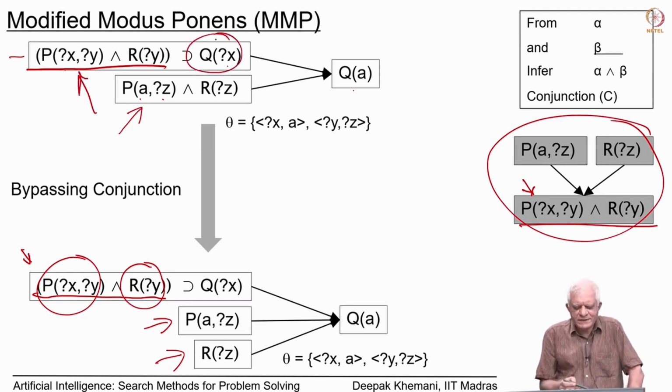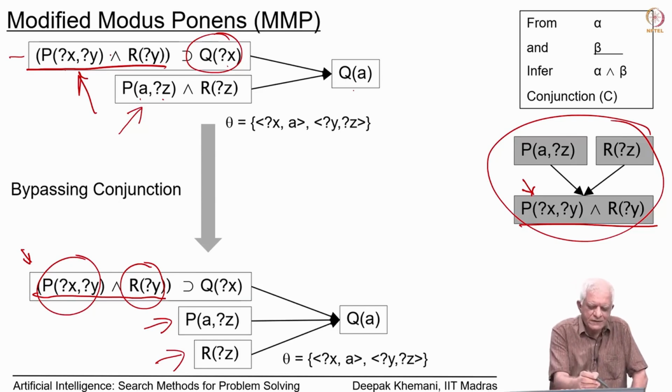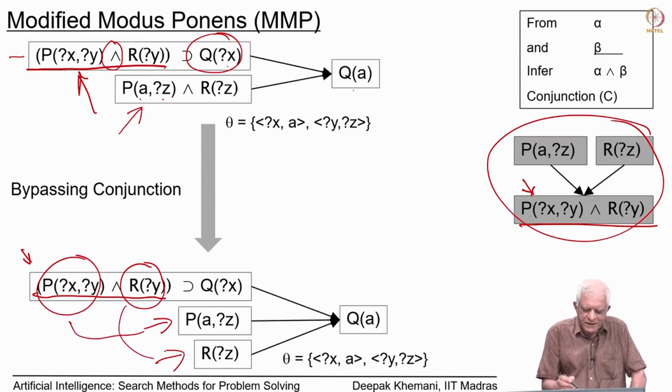And we saw that we can extend the idea of modified modus ponens to say that those two facts, which is a conjunction of two formulas, can in fact be allowed to be present individually, and our rule will take care of the fact that it finds both these components, one is here and the other is here, and makes the conclusion.